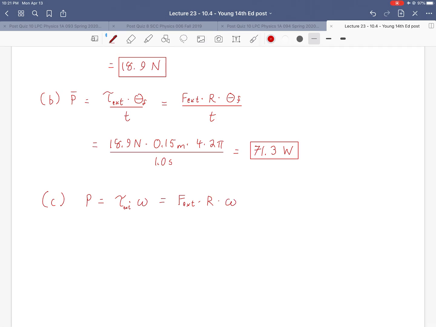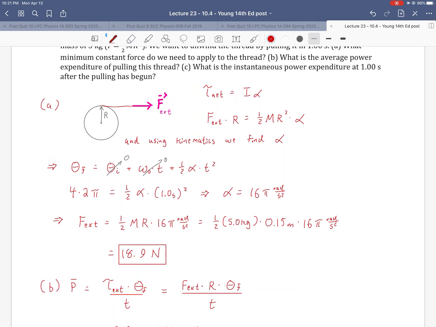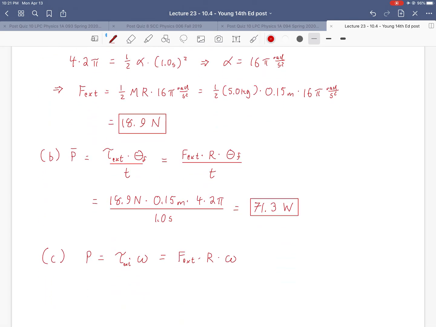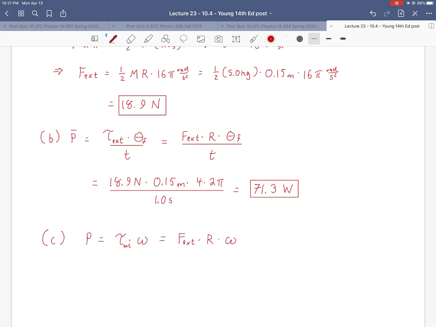Let's take two things at once. And then what is the angular velocity? Well, what are we looking for here? I asked for it in part C at that 1 second. Well, at the 1 second, that would just be alpha, which we know, times t. So that means we could write it like this: times radius times alpha t.